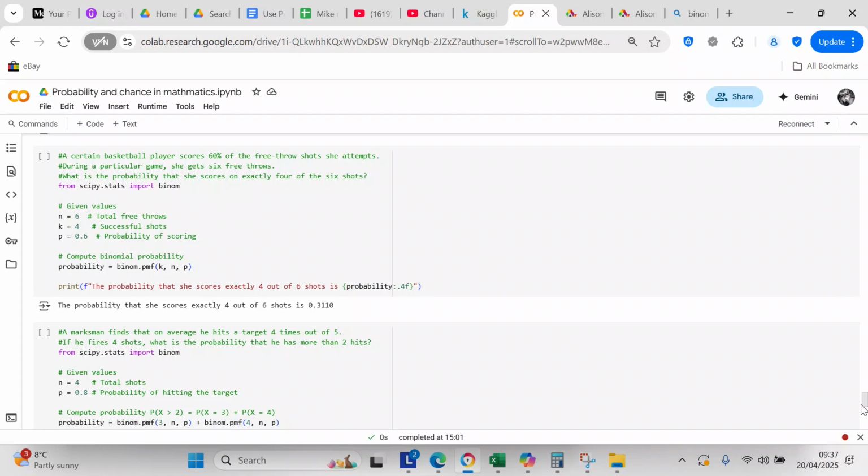Our given values: total free throws n is 6, successful shots k is 4, and probability of scoring p is 0.6. So we compute the binomial probability. Probability equals binom.pmf(4, n, p), and we're left with an answer of 0.3110.